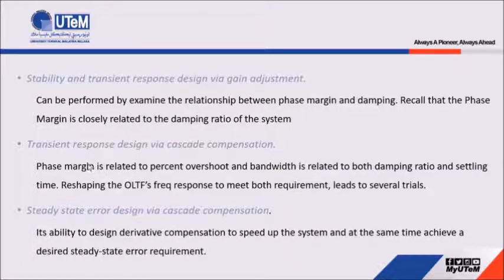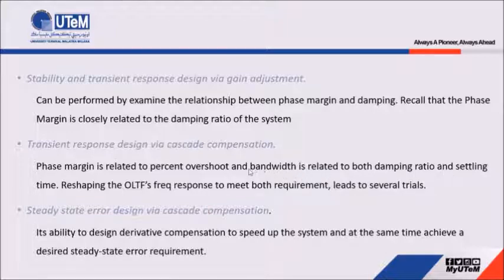Next, for transient response design via cascade compensation, phase margin is related to percentage of overshoot, because from the phase margin that we get from the Bode plot, we can calculate the damping ratio. From that damping ratio, we can obtain the value for overshoot. And bandwidth is related to both damping ratio and settling time.